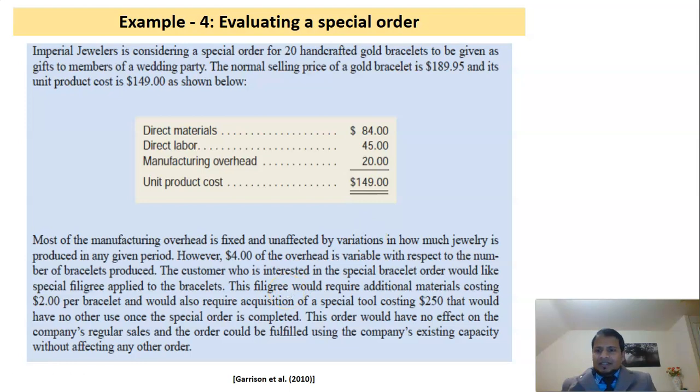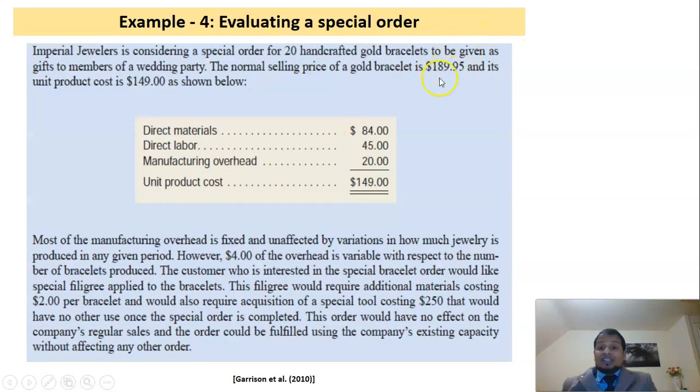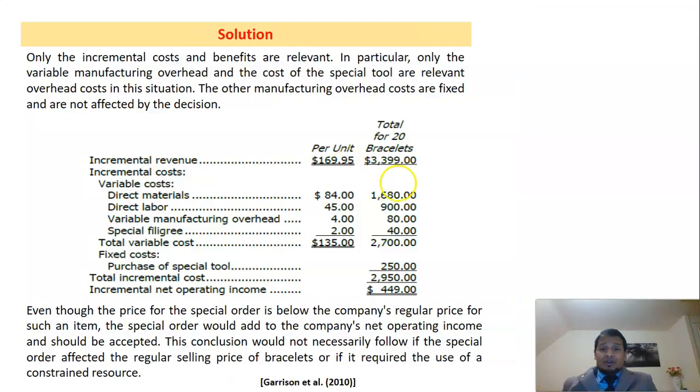They are offering 169. It should be somewhere, but I can't see it. Okay, so the special order price is 169.95, but the regular price is 189. Maybe I'm missing this information somewhere. So for the special order, they want to give 169.95.